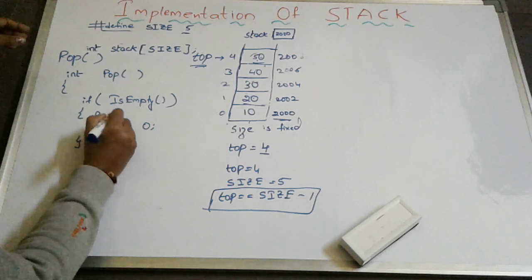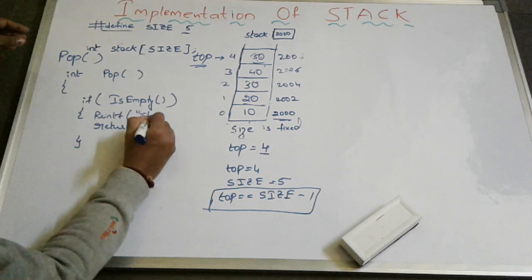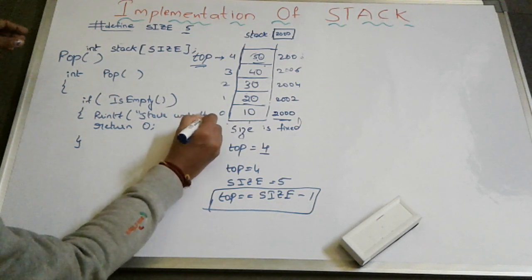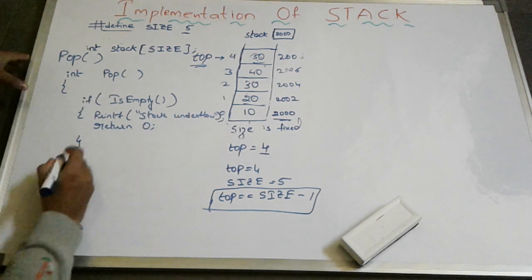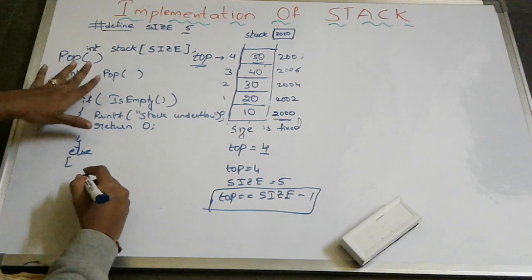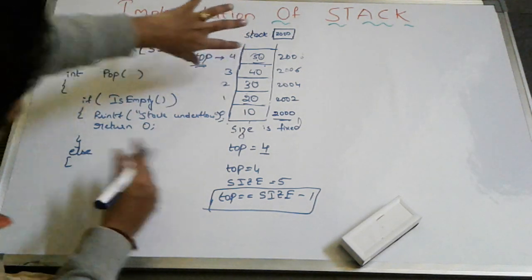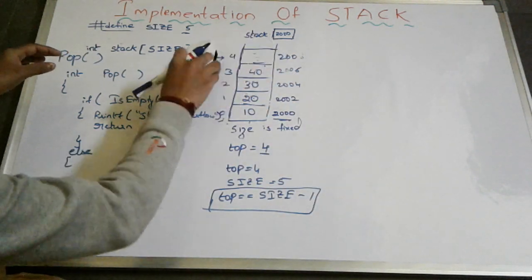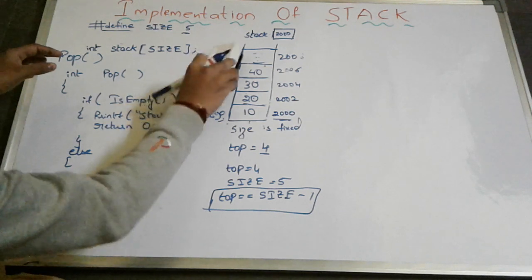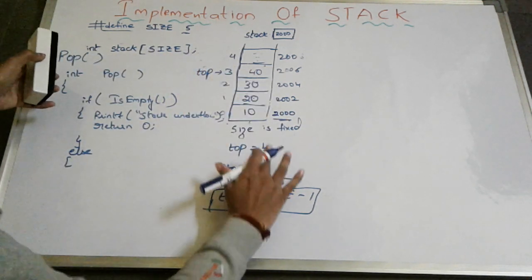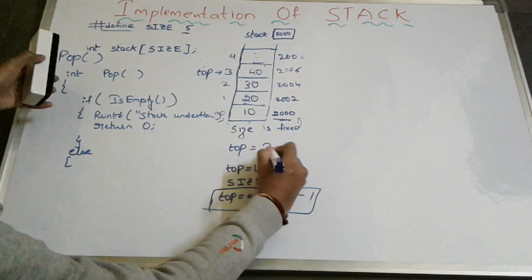Here we can write printf stack underflow. Now else, if it is not empty, then we should remove the topmost element and then decrement the pointer, that is top. The value of top will be 3.